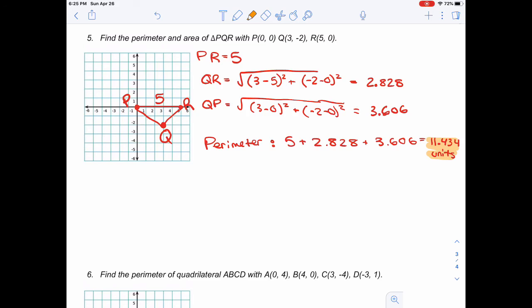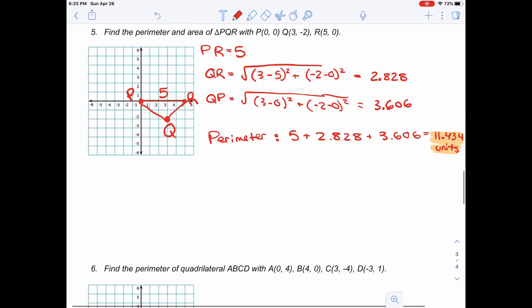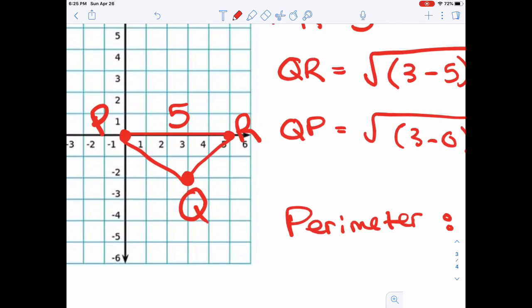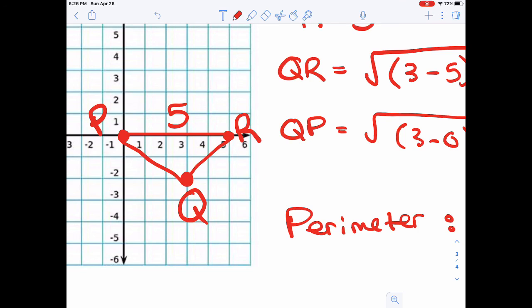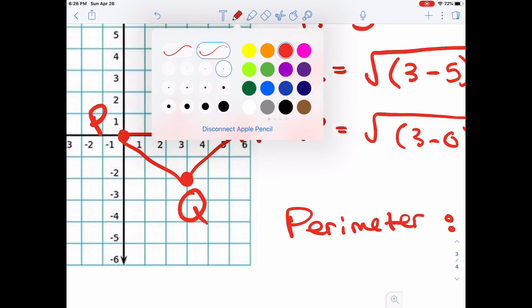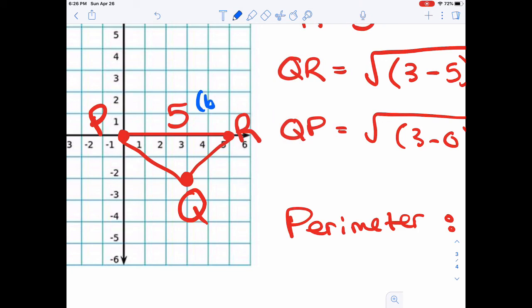Okay. And our last step here to find our area, remember for a triangle, we just need our base and our height. So looking at this triangle, we can see that PR is already on that straight line, so we're going to act as if that's our base here. Okay? And then it's really easy for this one. Our height, remember, is just going to be perpendicular to your base.